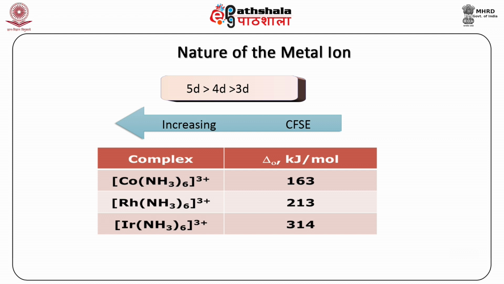Also considering the 3d series, it further decreases by 30 to 40% as compared to the 4d series. The effect is basically attributed to the size and spatial arrangement of the orbitals under consideration. The series shown on the slide describes decreasing CFSE down the group. CFSE for the representative metal ions are shown in the table.